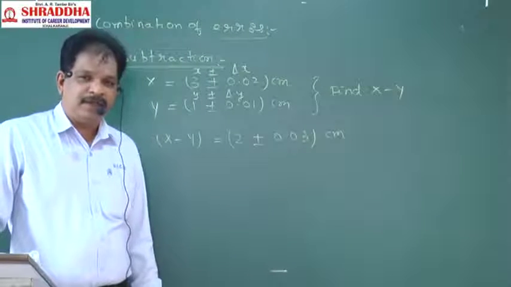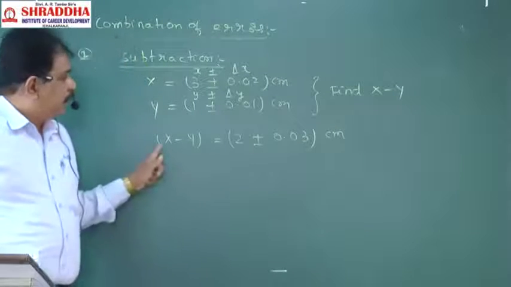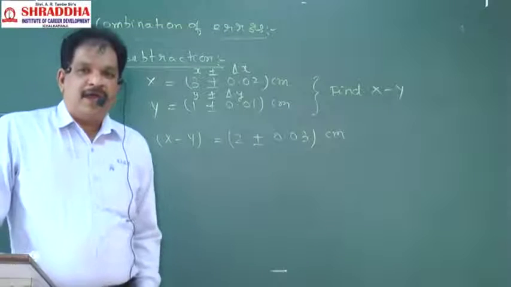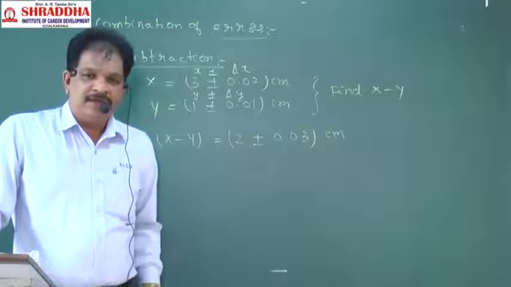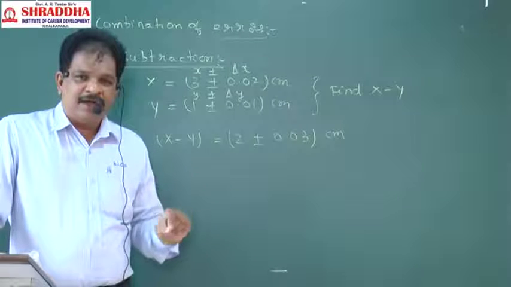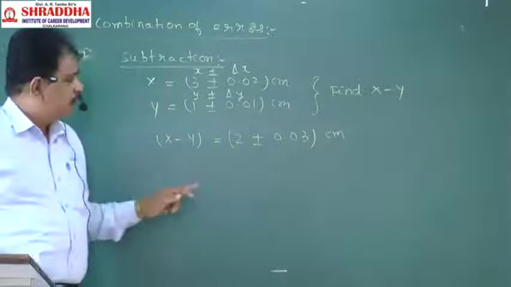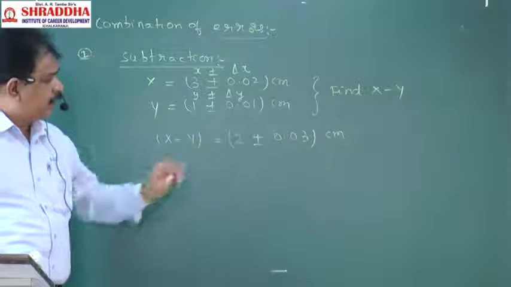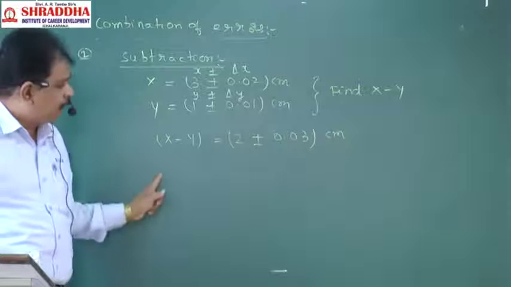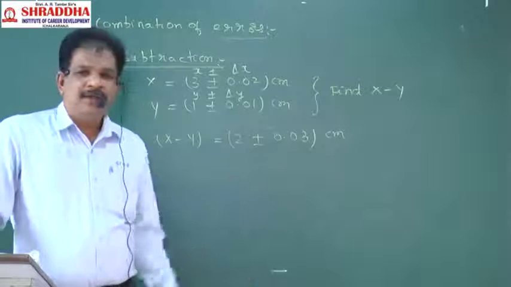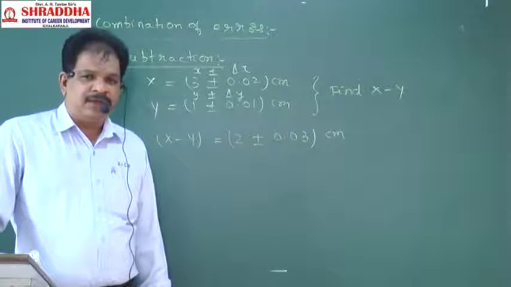My point is clear. So, in addition or in subtraction, you add the errors. In addition or in subtraction, just add the errors, then you will get the correct value. What is the maximum possible error in this measurement? 0.03.